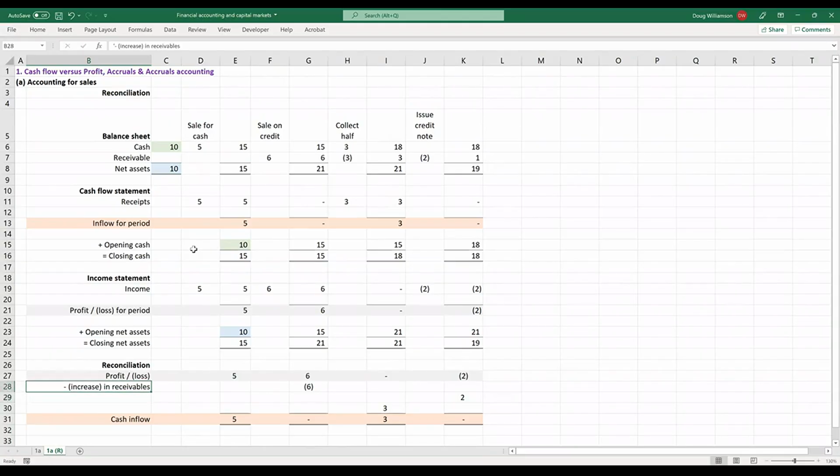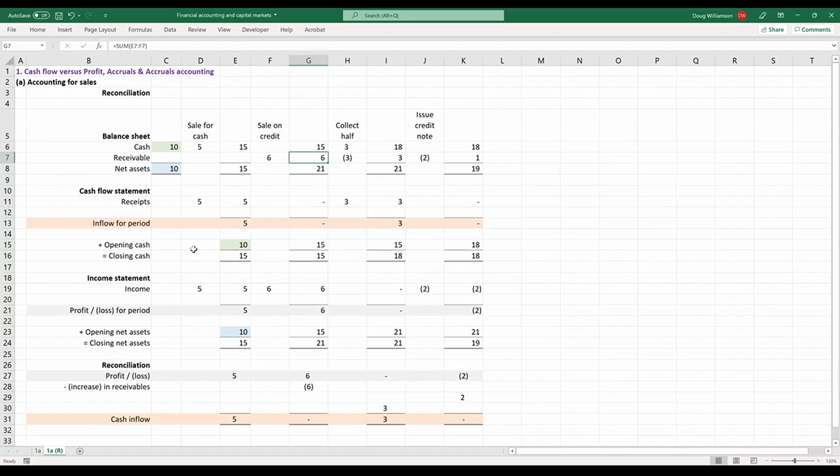So receivables is the item in our balance sheet that represents cash we're expecting, confident to receive in the future. We haven't received yet, but this item 6 is worth 6.